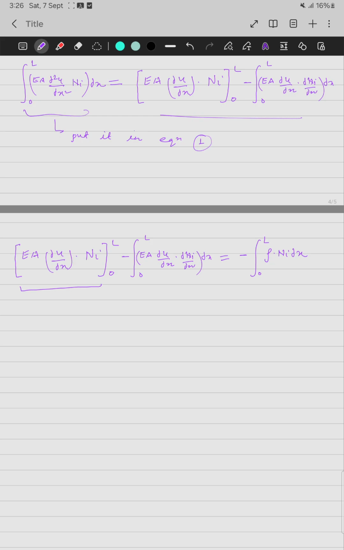Since the net load from 0 to L will be 0, this whole term will be 0.